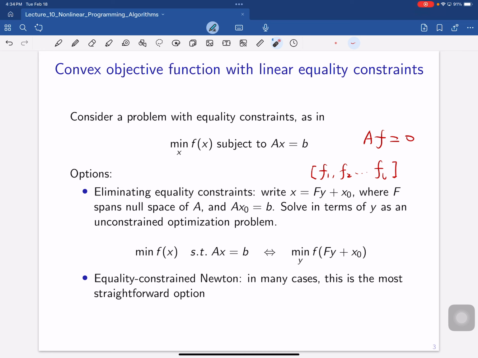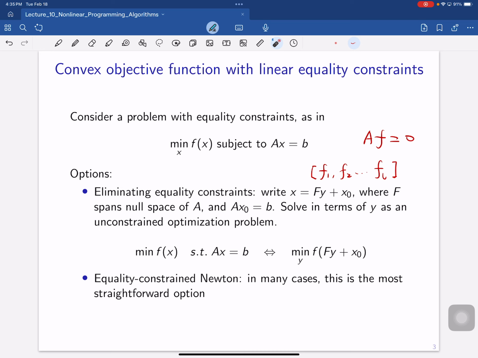So any solution to Ax equals b can be represented in this generic form, if F contains all the basis vectors in the null space of A. So now you can solve this problem in terms of y as an unconstrained optimization problem by removing this constraint and replacing x with Fy plus x0.